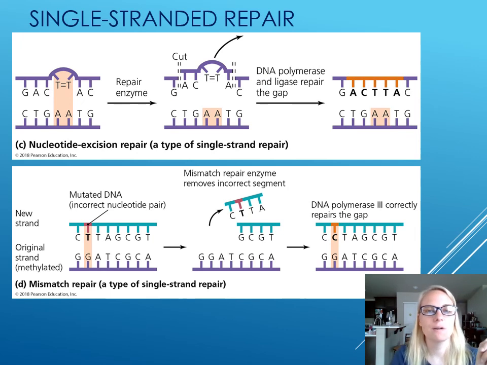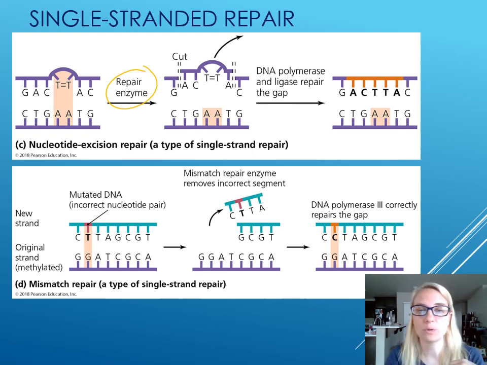In a collection of repair mechanisms called single-stranded repair, we have what's called nucleotide excision repair and mismatch repair. So to remove those thymine dimers, we could use a photolyase, but we also have another enzyme. They're just generally calling it a repair enzyme, not a super cool name.